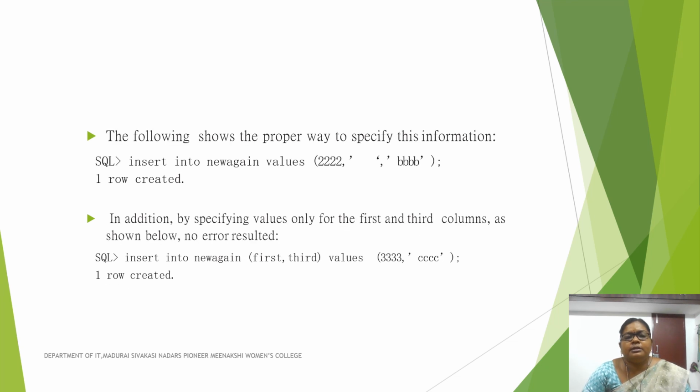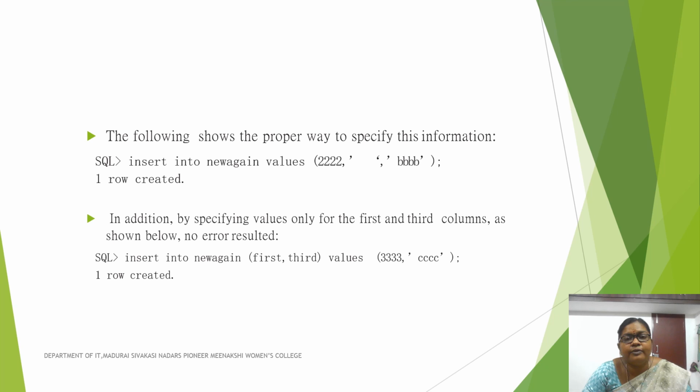Next, this is the way I'm going to resolve the problem. Insert into new again values. Within that, I'm going to pass the first column data, and I'm going to give single quotes, and within the single quotes, I'm going to give an empty space. Before that, I'm just leaving the empty space without single quotes. An empty space is also treated as a character.